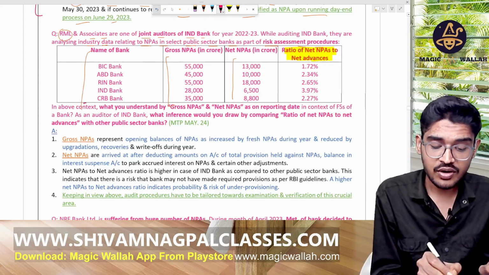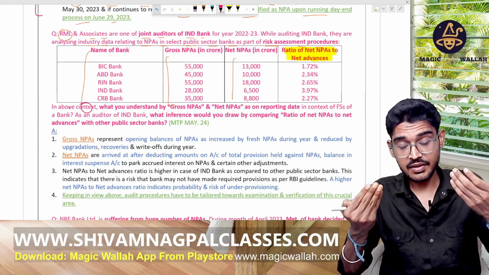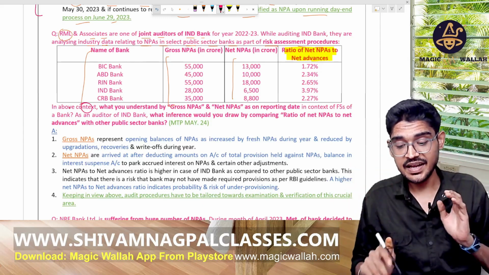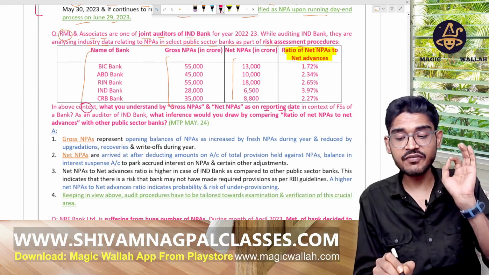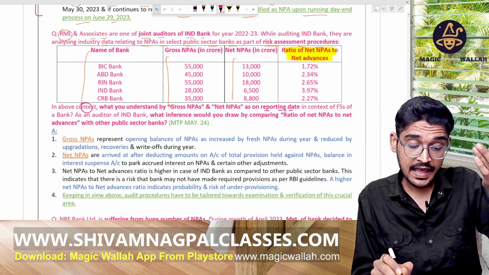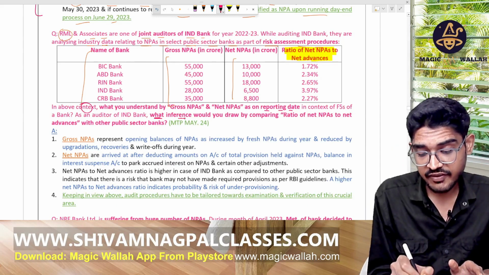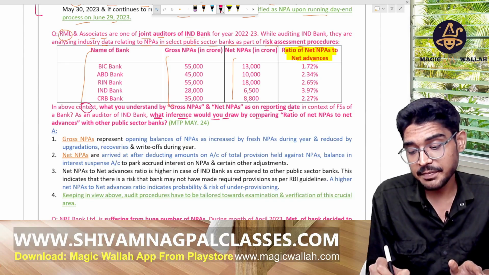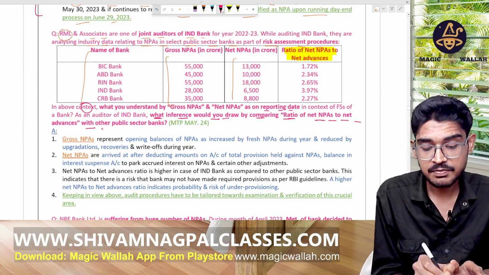In the above context, what do you understand by gross NPA, and what do you understand by net NPA as on the reporting date in the context of the financial statements of a bank? As an auditor of IND Bank, what inference would you draw by comparing the ratio of net NPA to net advances with other public sector banks?